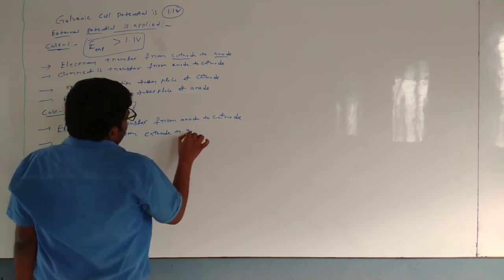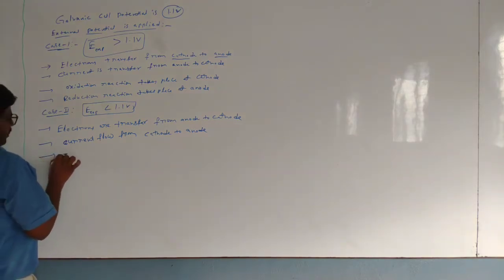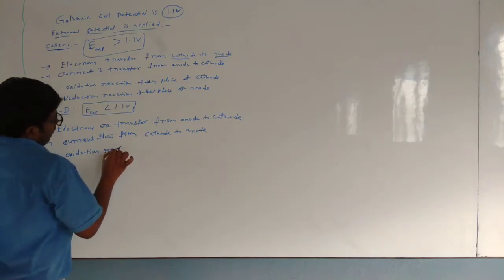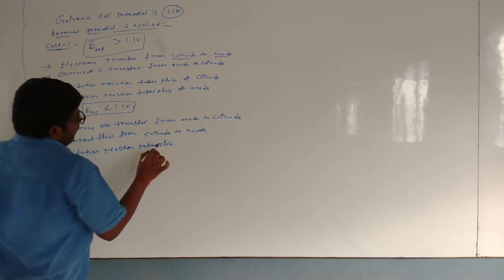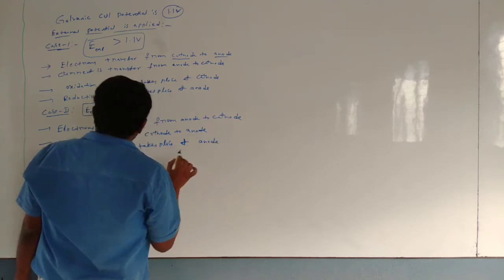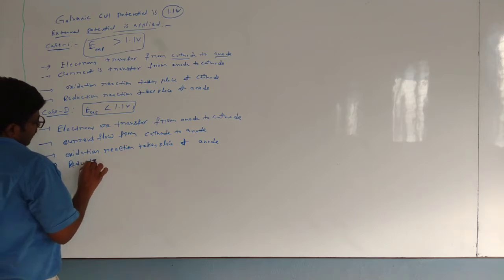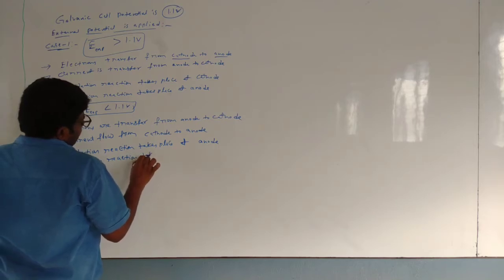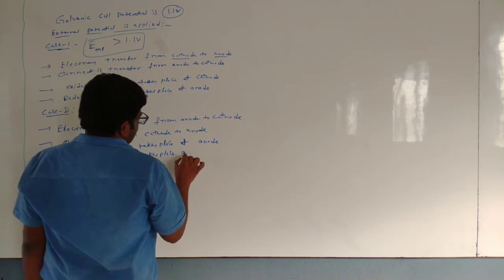Here oxidation reaction takes place at the anode and reduction reaction takes place at the cathode.